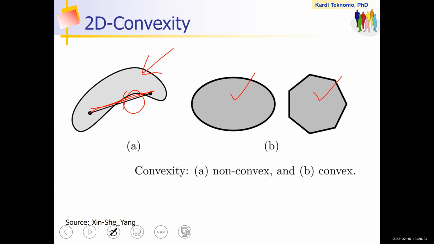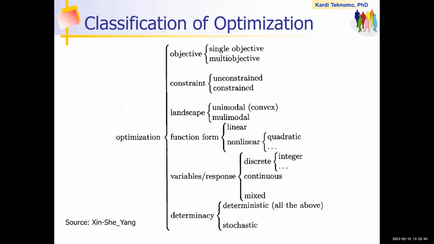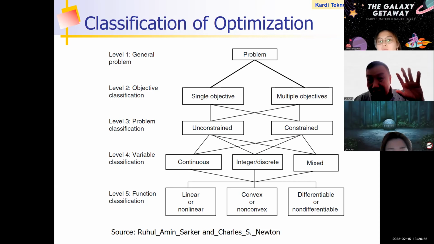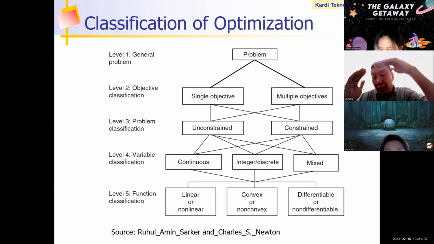So in linear programming, usually the first thing that you learn is to create the boundary of the constraint, isn't it? The graphical method. You start to draw the boundary, and then you check whether the boundary is convex or not.